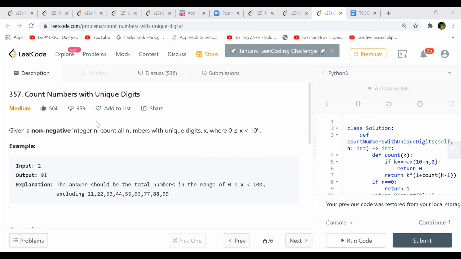That would be a good way in case you have to return all the numbers, because there is no other way than to return every number. But now we just have to return the count, so we can do other optimizations. If it is a single digit, there won't be any duplicates. They will all be unique.